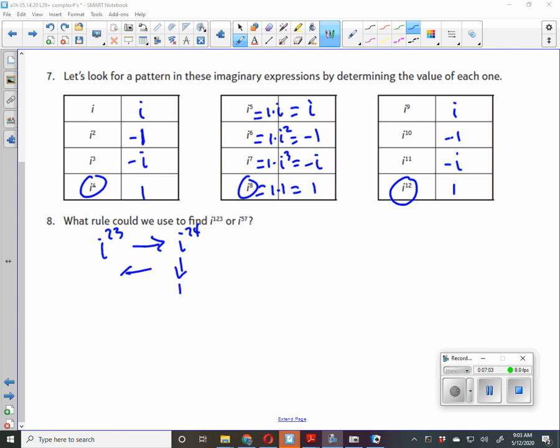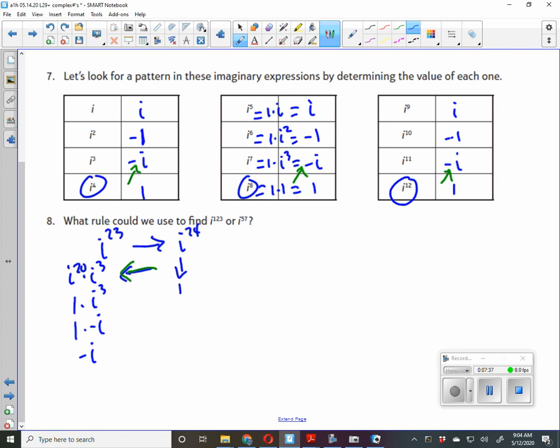So this is the one that is just before 1. This is i to the 20th times i cubed. We know i to the 20th is divisible by 4, so that's 1 times i cubed, or 1 times negative i. That's going to equal negative i.